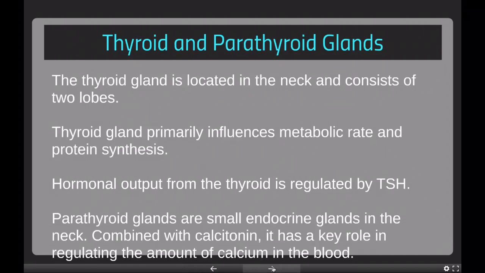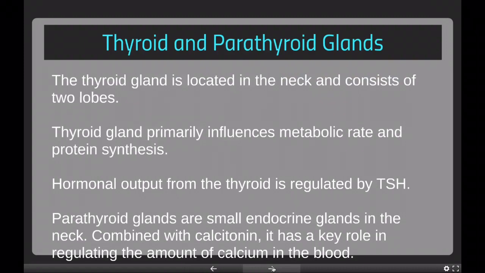The thyroid hormones triiodothyronine, which is called T3, and thyroxine, which is referred to as T4, are created from iodine and tyrosine. The thyroid also produces the hormone calcitonin, which plays a role in calcium homeostasis.